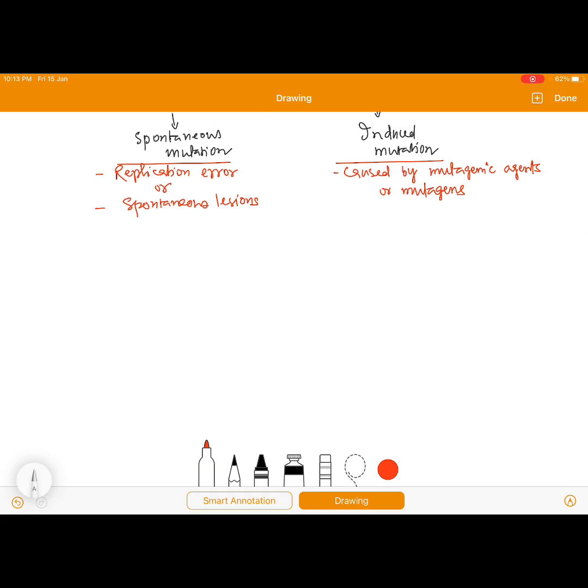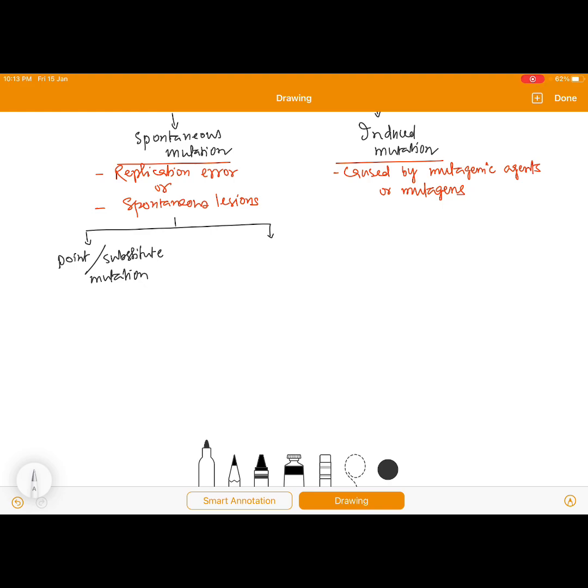If you consider spontaneous mutation, it is basically of two different types. One type is known as point mutation, or sometimes substitution mutation.